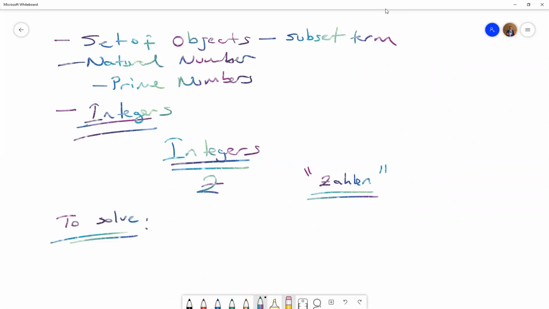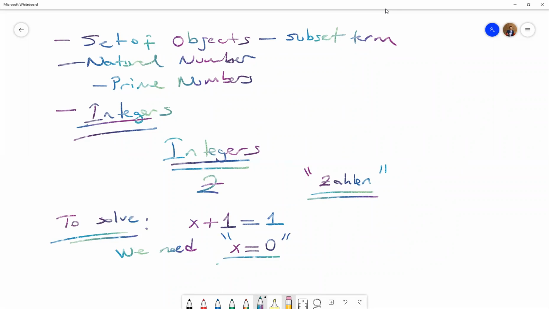To find the integers, we can think of an equation like this: x plus 1 is equal to 1. We need to solve this equation. x must be equal to 0.